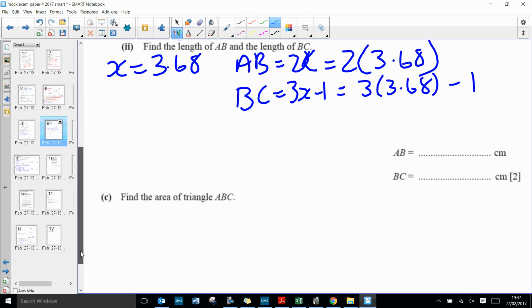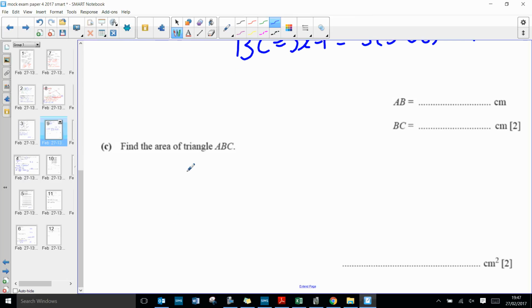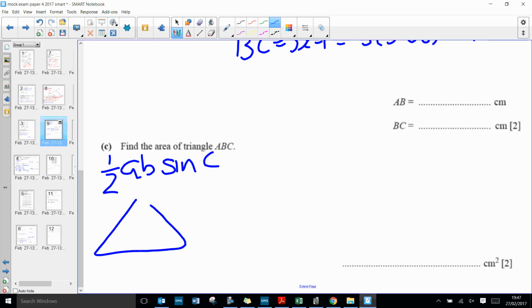And the area of the triangle, oh gosh, sorry. Area of any triangle is a half AB sine C. Remembering that if that's angle C, that would be A and B surrounding it. Do we have that piece of information? Yes, we do. Oh, so I do need to work these out.